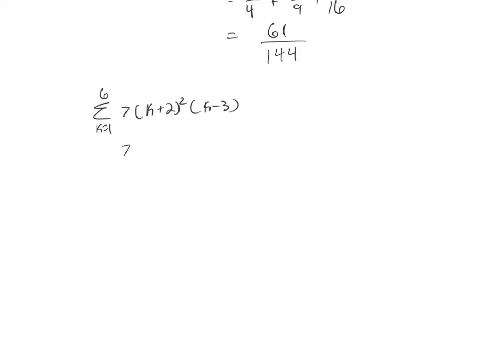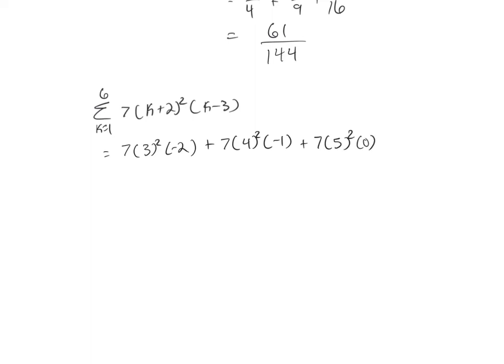So this is 7 times 3 squared times negative 2. Now we do 2. We did 1, so 7 times 2 plus 2 is 4 squared, times 2 minus 3, that's negative 1. Now we do 3, so 7 times 5 squared times 0.